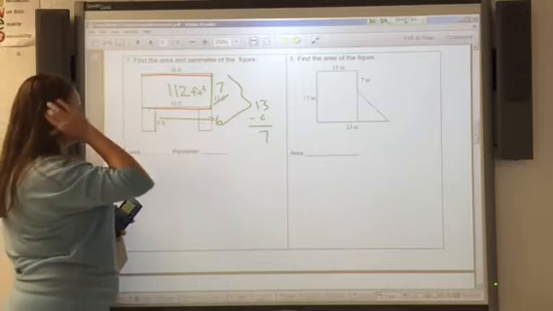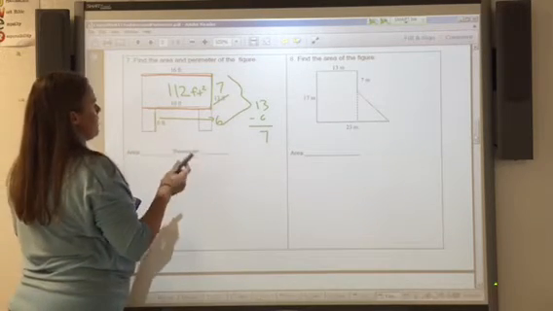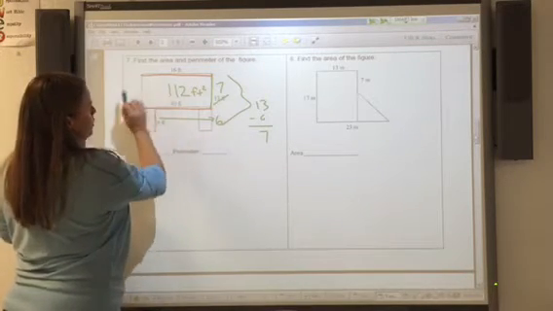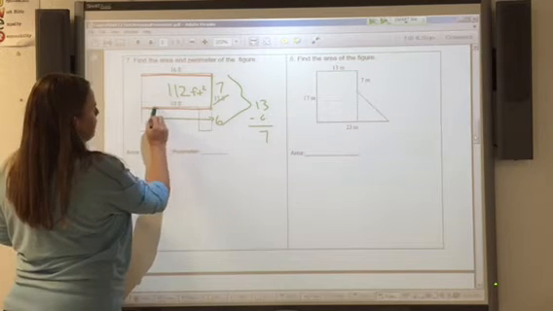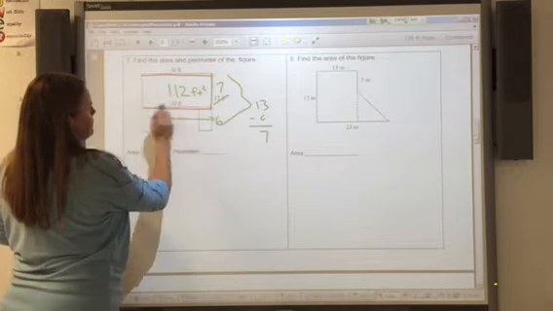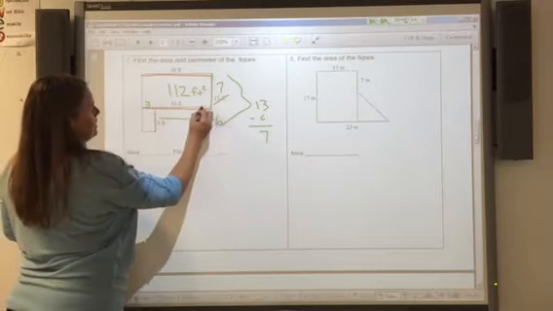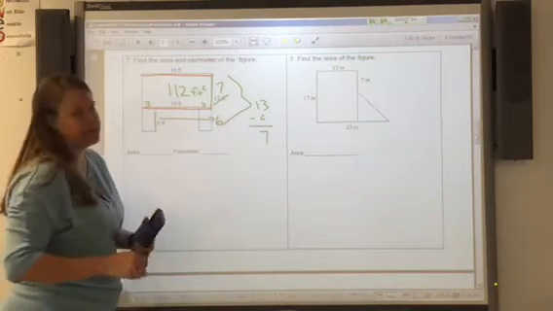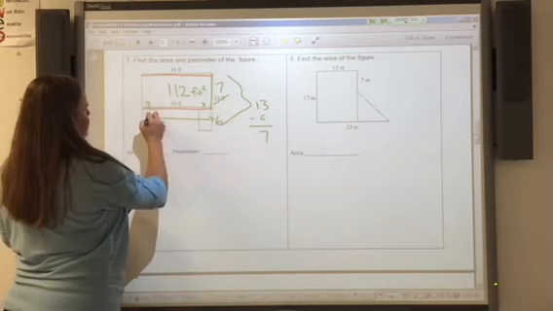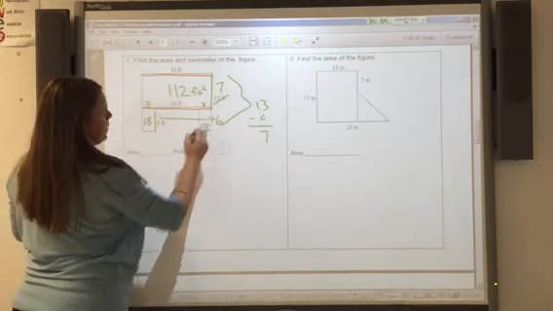The little sections, I know the whole thing is 16, and I know this little part here is 10, and that leaves me with 6 for the total, which means that this side's going to be 3, and this little part's going to be 3. So 3 times 6 is going to be 18, and this will be 18 as well.